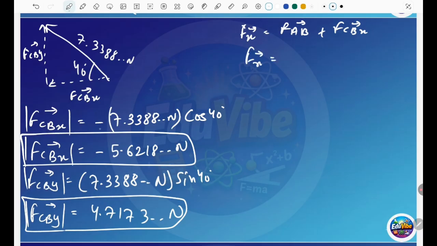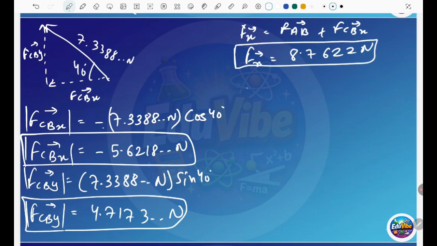When we calculate, make sure the negative sign is there, so we have to take this negative sign. When we calculate, we get 8.7622 newtons. This is Fx, which is the total one, and Fy is just FCBY, because we don't have any other y component over there. So this is equal to 4.7173 newtons.